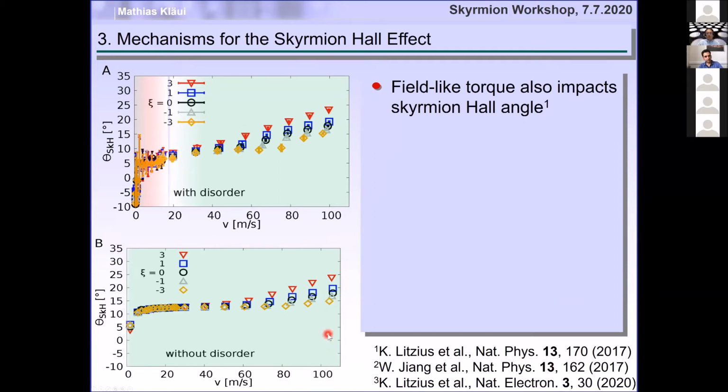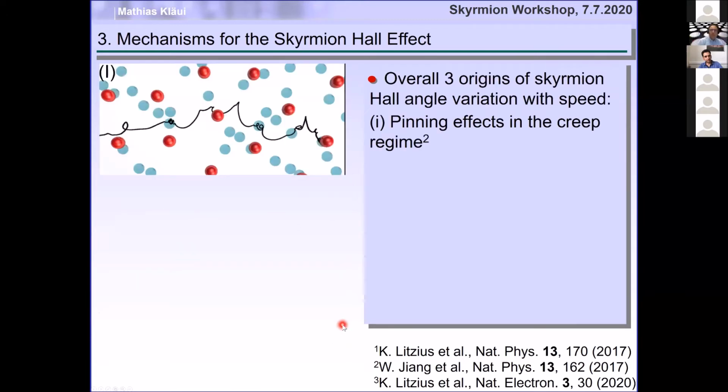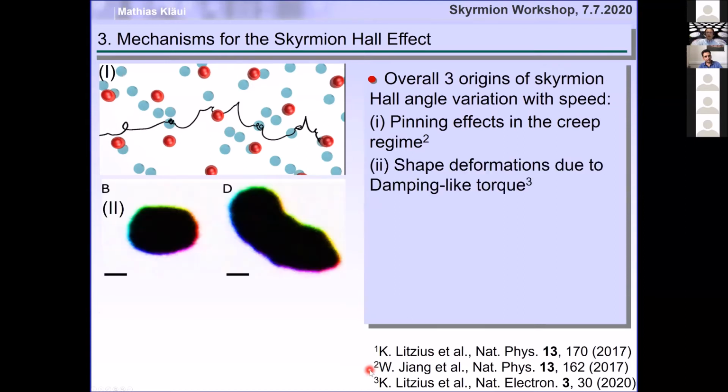And so overall, we find 3 types of origins that impact the skyrmion Hall angle in different regimes. In the creep regime, we find these pinning effects, which were first pointed out here by Wanjun, and the theory was done by the Reichhardt family. And then we have shape deformations, which, due to the damping-like torque, lead to a change of the skyrmion Hall angle with speed.